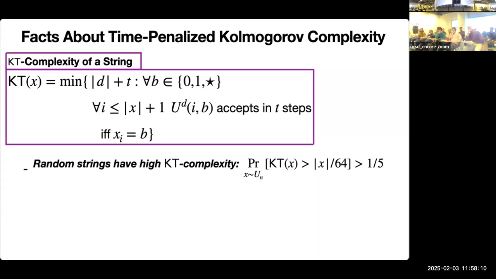But if we use almost any reasonable meta-complexity problem, we're going to see that a random object requires a large description. So if I sample an X uniformly at random from n bits, and I check the probability that it requires a description that's at least 1 in 64th of itself, that's very high.